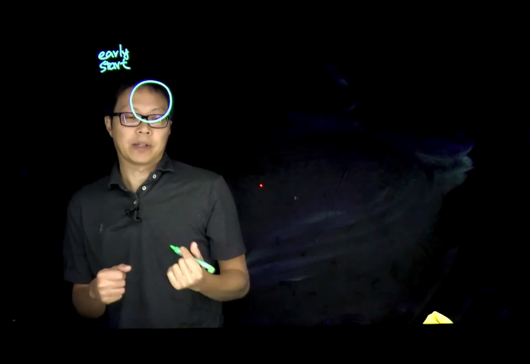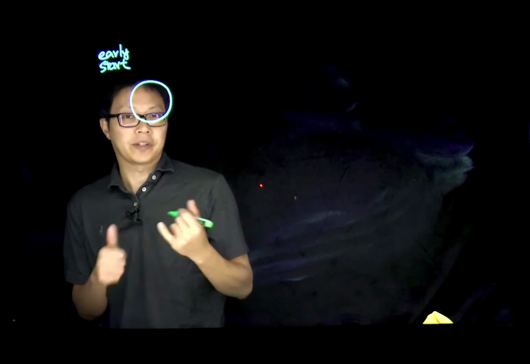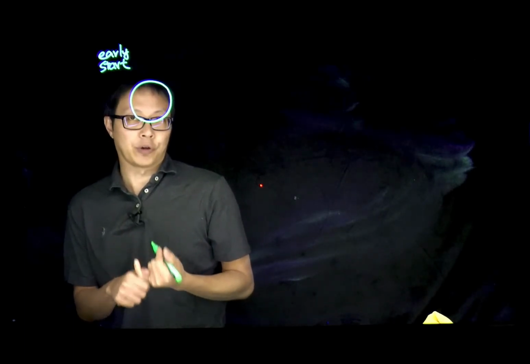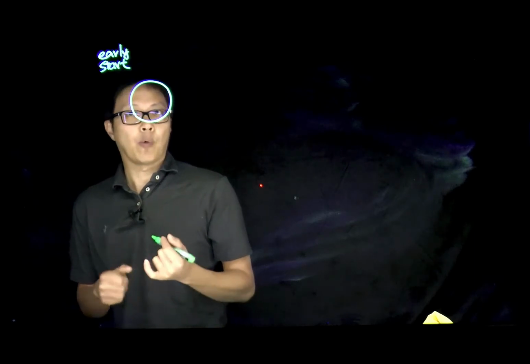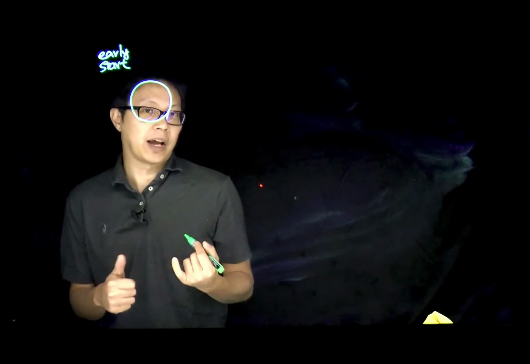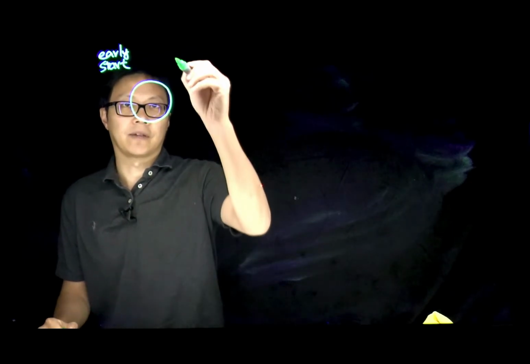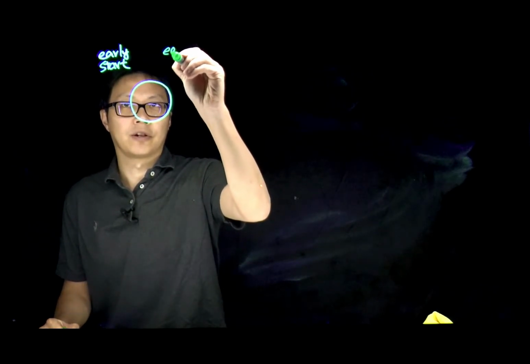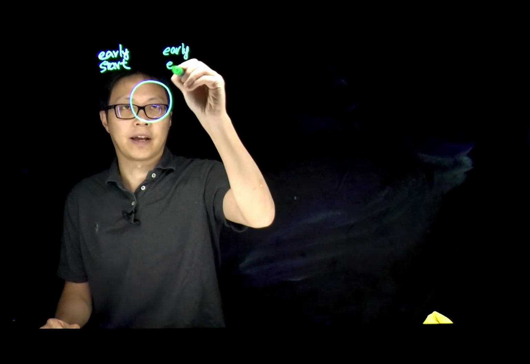Early start time basically tells us the earliest time you can start a particular activity. And once you know the early start time, you can also find out the earliest time you will be able to finish this activity. We call that early end time.